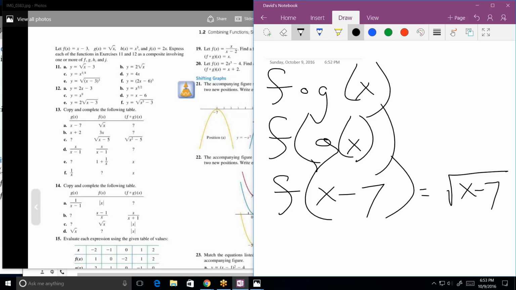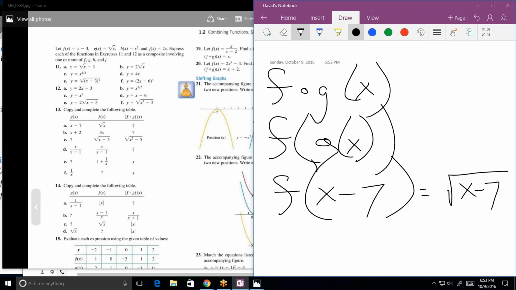Answer. For B, what is f of g? 3x plus 2. Parentheses or not? Yes, parentheses. So 3 parentheses x plus 2. Well, it actually ends up being 3x plus 6, right? Yeah, 3x plus 6. Correct. And you put it simplify.